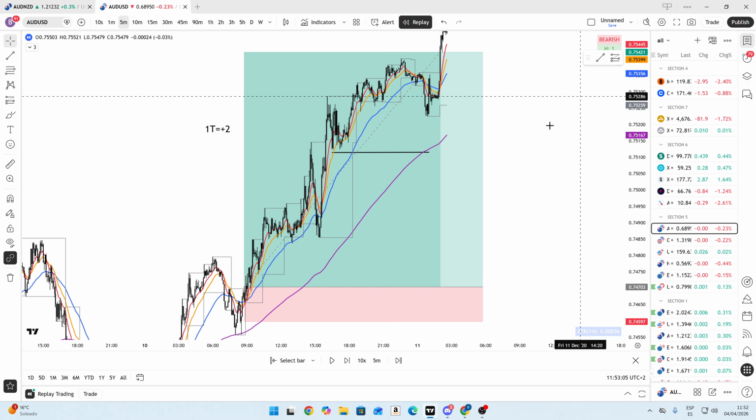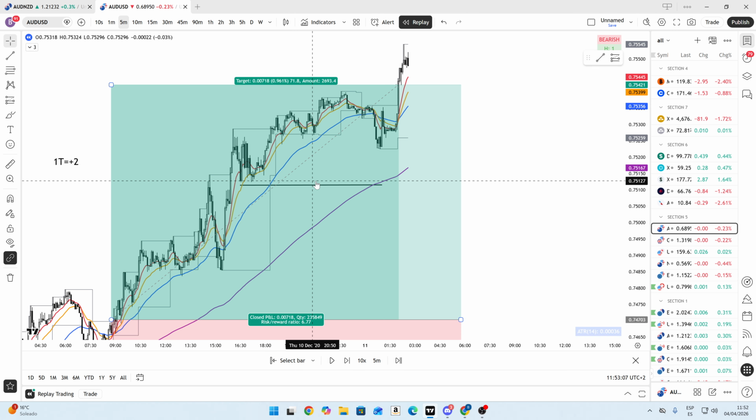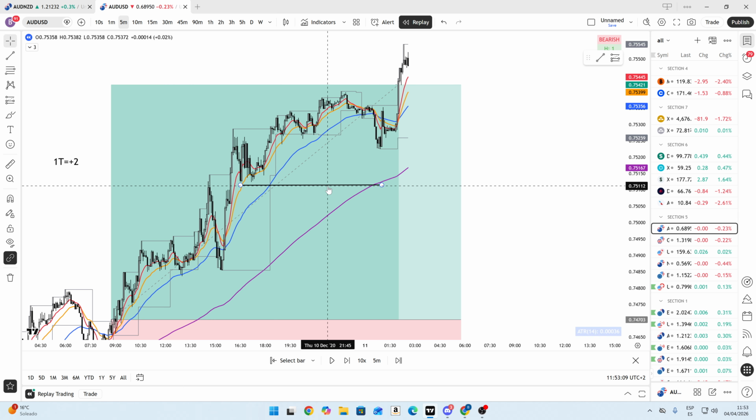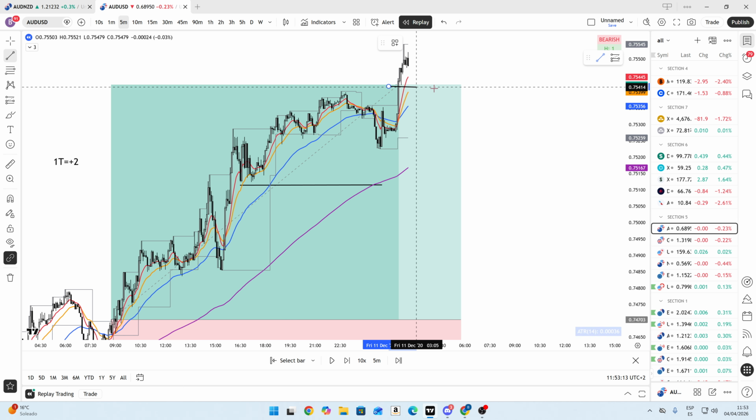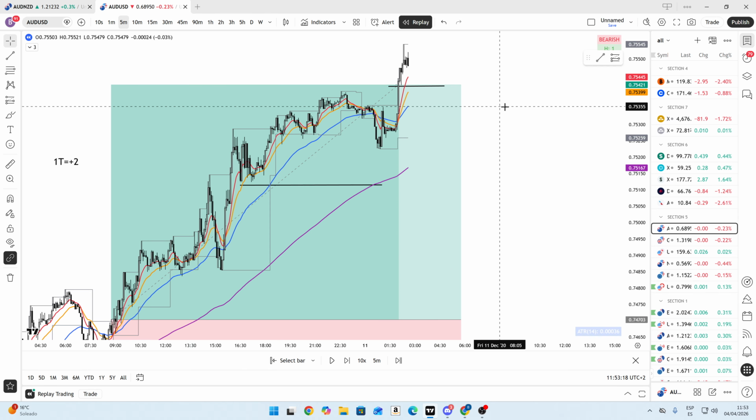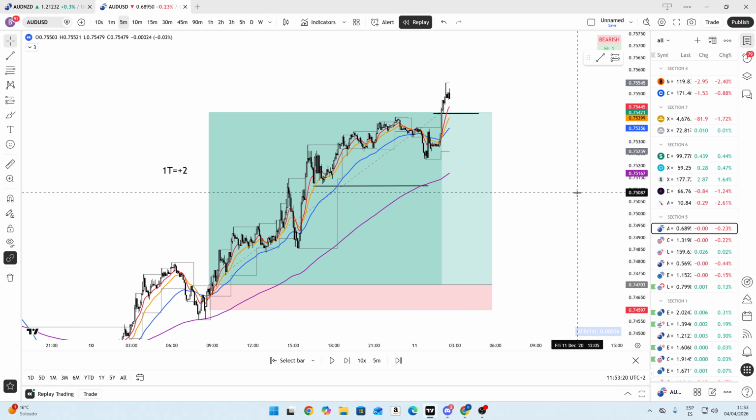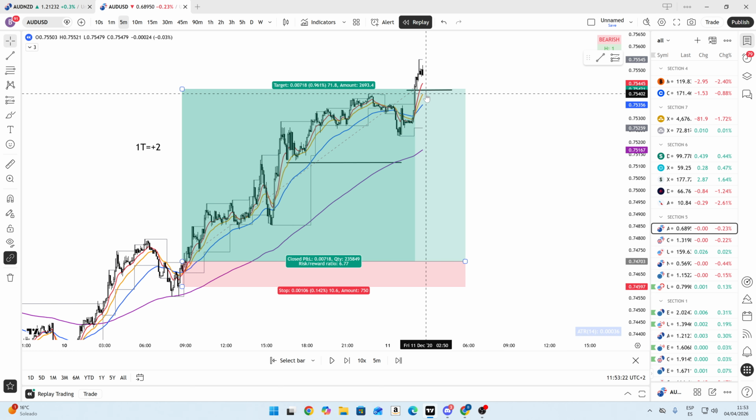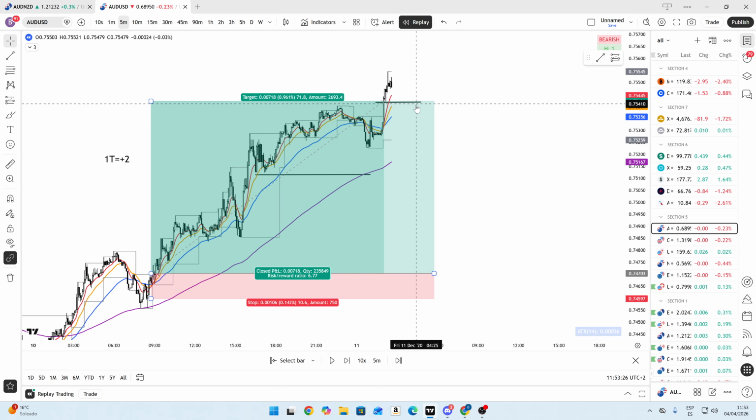At 7 or 8, what I will do is I place something right here. If price wants to come down here, I'll take my 30% partial, and if it keeps moving up, I'll keep it. I'm gonna be dragging it.